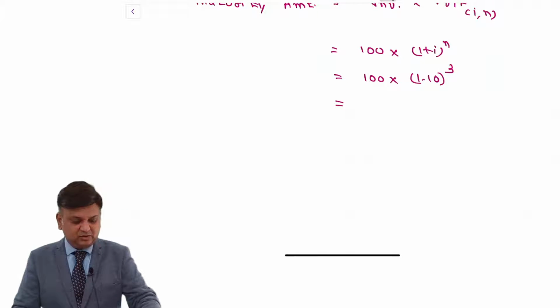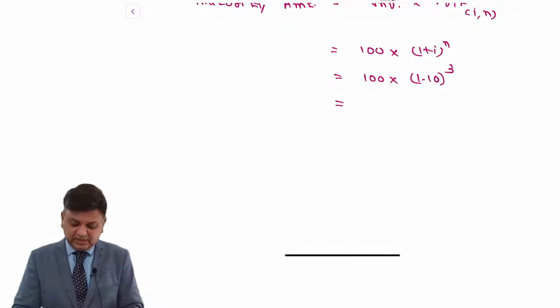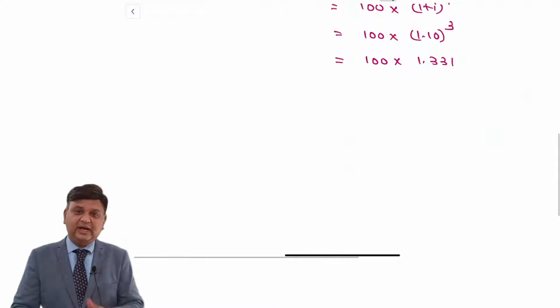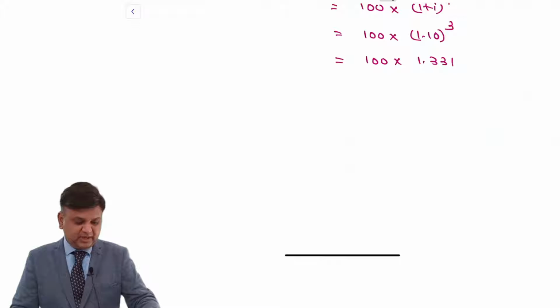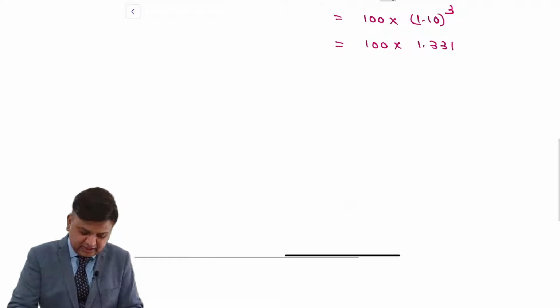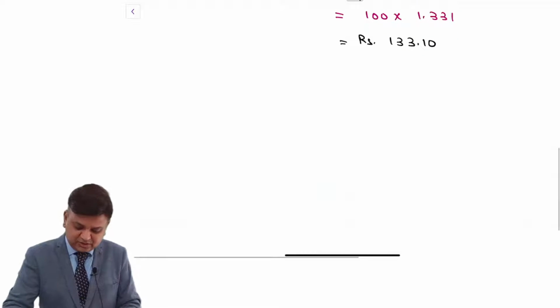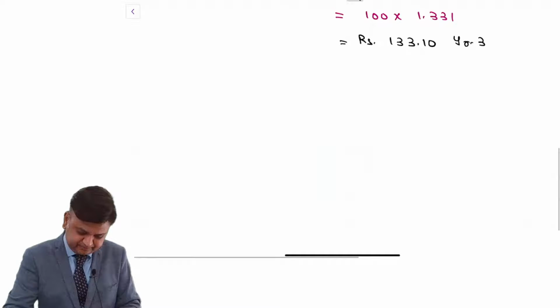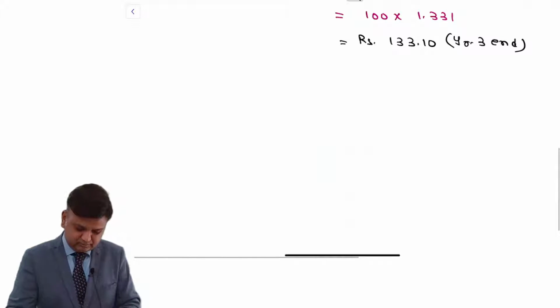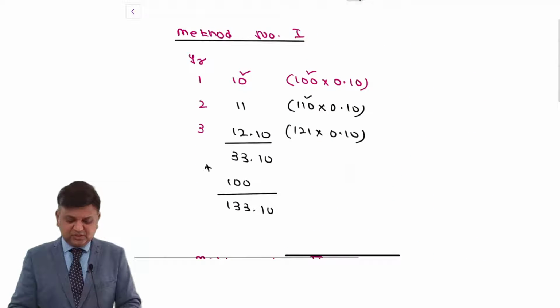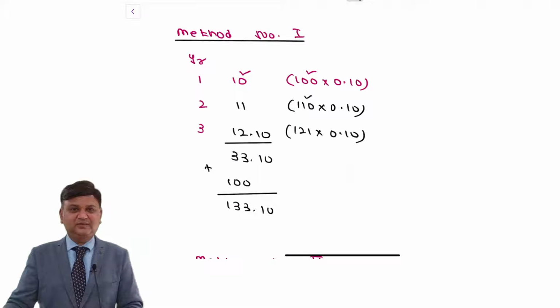So 1.10 raised to 3 is 1.331, which means every 1 rupee invested today will become 1.331 at the end of the third year, into 100. So maturity amount of deposit is rupees 133.10. This is the amount that you are going to receive at year 3 end. That is what we understand. Write down the answer by both the methods or at least by the second method.